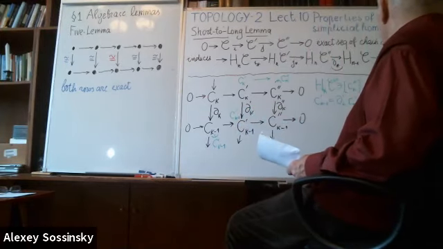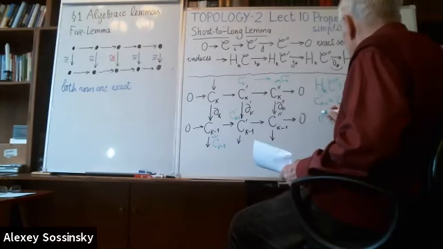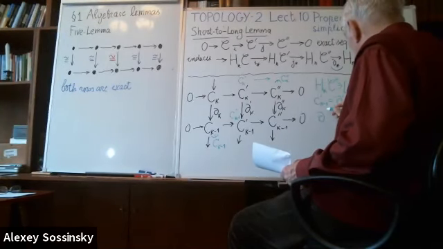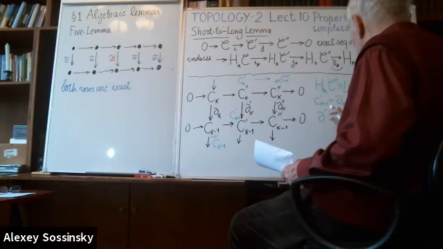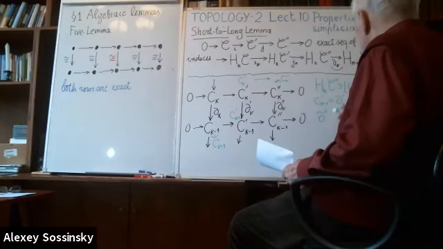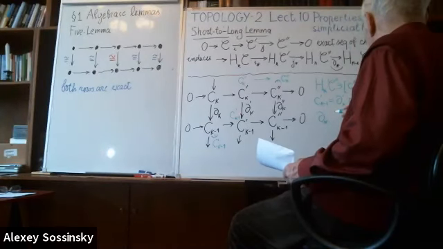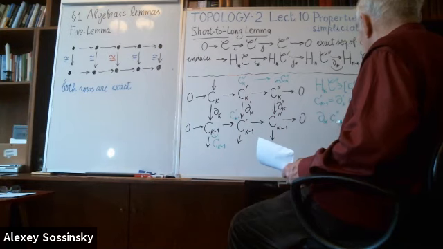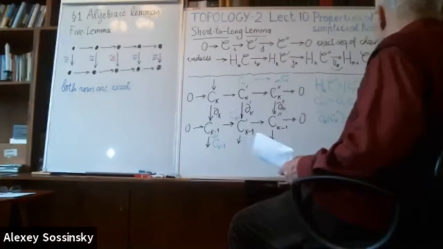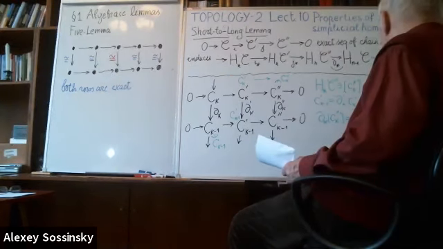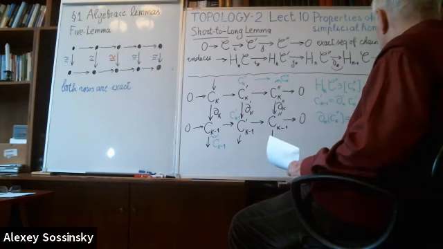And so by definition, we define D star of this element of the homology group as CK minus 1 here.